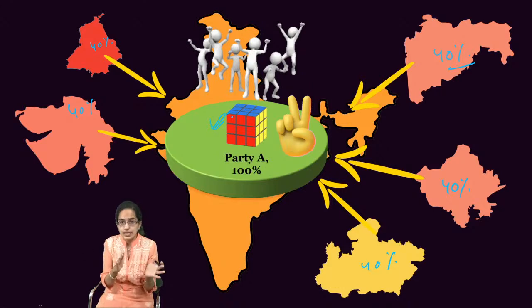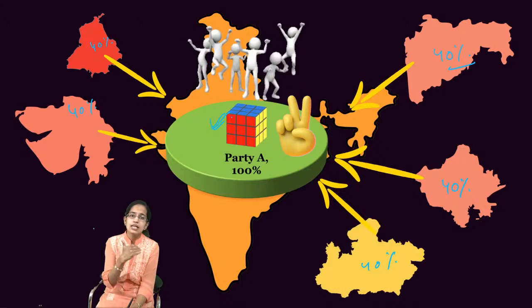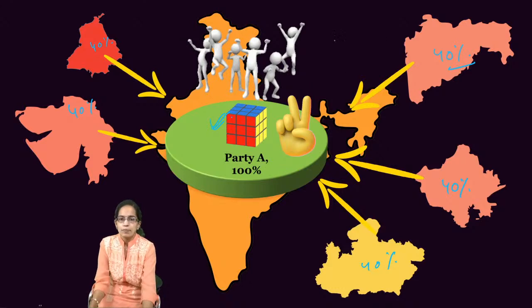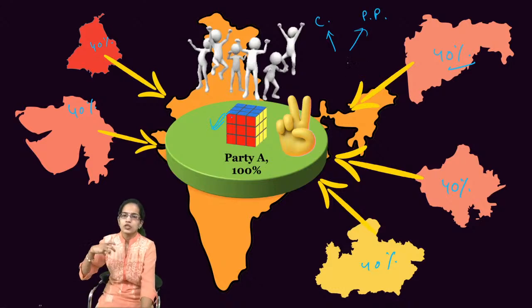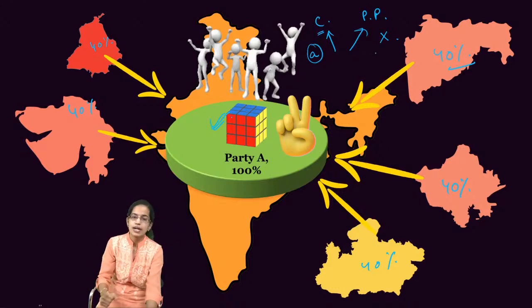But what would happen in a proportional representation? In a proportional representation, let's say each person is casting the vote based on a mixed ballot. So a person would cast 2 votes. One would be in the name of the candidate, the other would be in the name of the political party. So let's say from the local area, I believe that candidate A would be a good candidate, but he belongs to a political party X. But when it comes to the political party, I believe X is not a good political party.